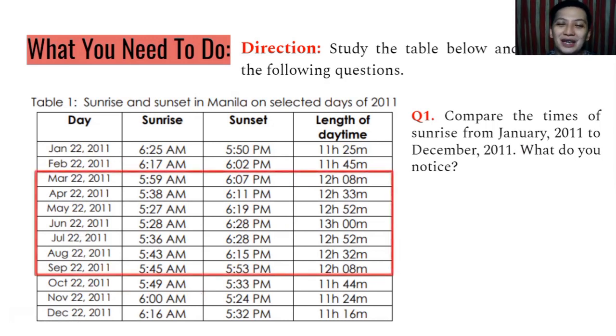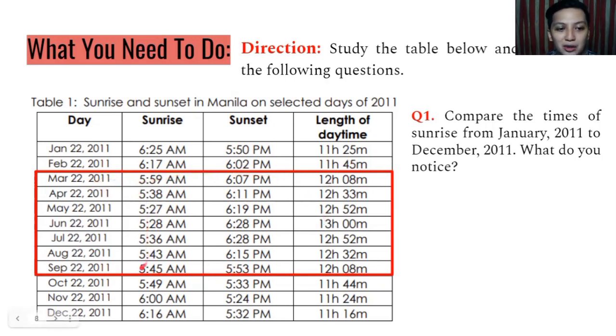Okay, great observation. So in this part, from March to September, it has 12 hours or more than 12 hours, right? That is the length of daytime. On the other hand, January, February, October to December, it has lesser daytime.